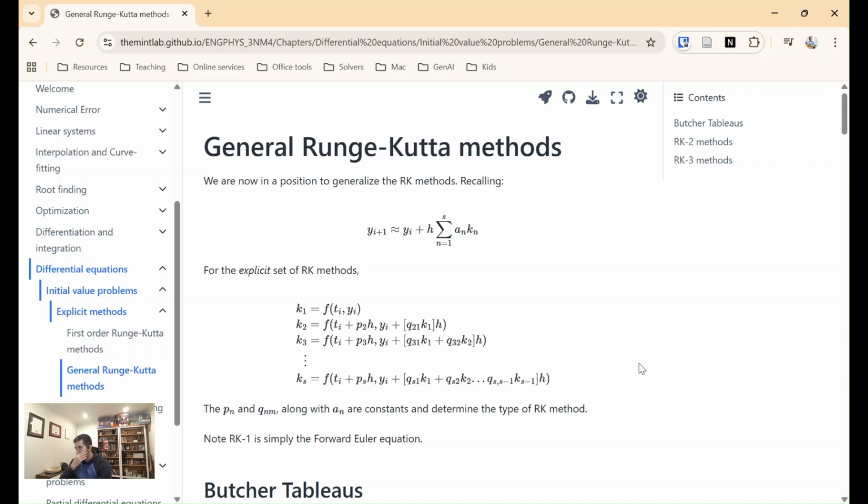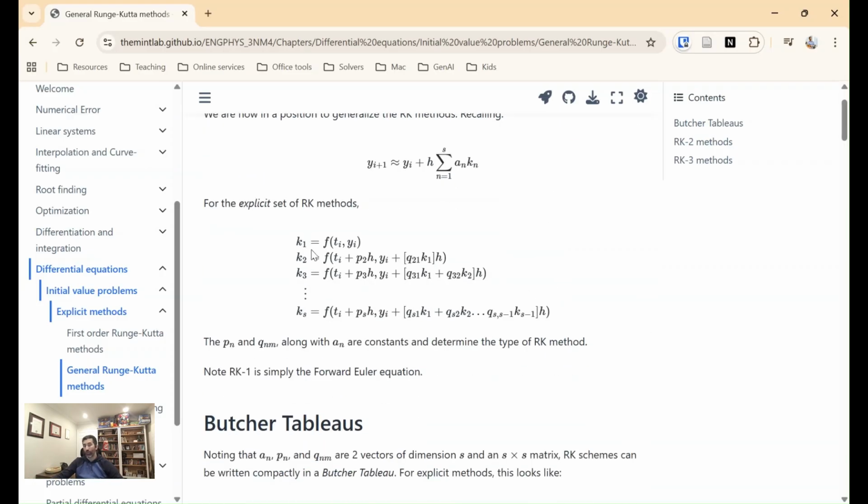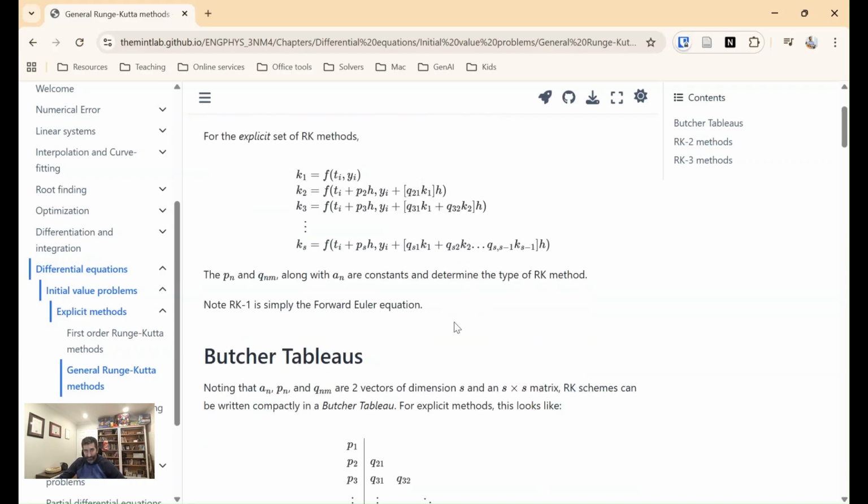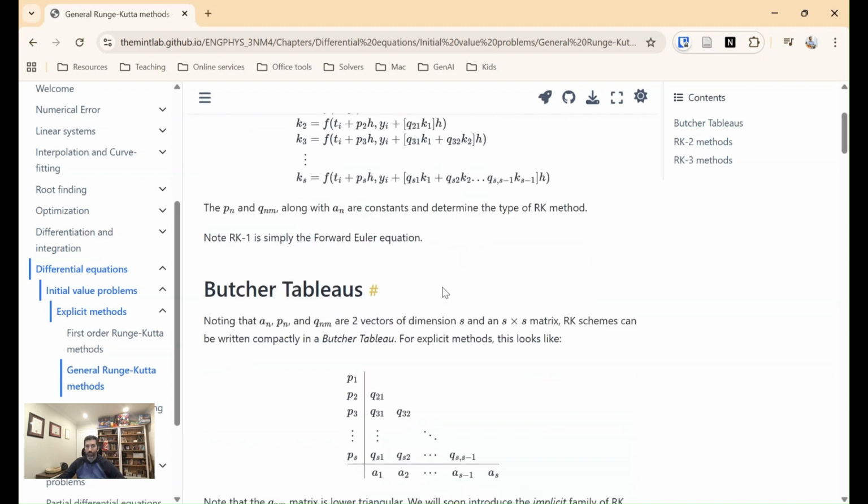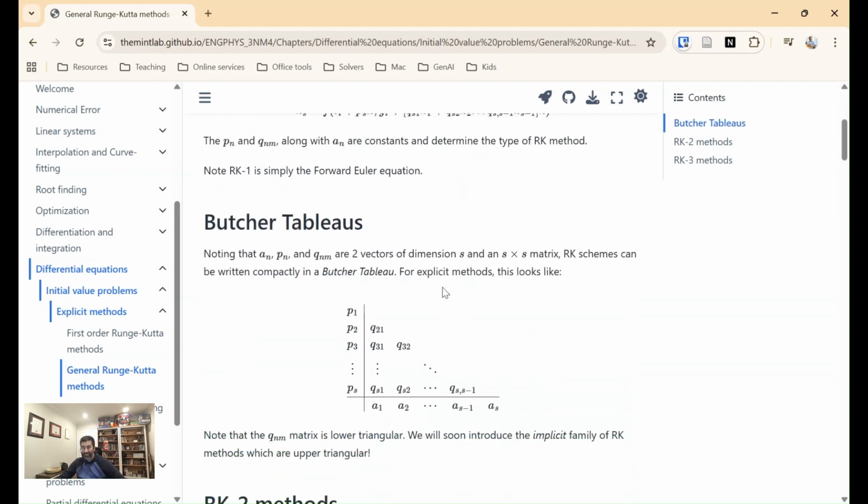Okay, Runge-Kutta methods are going to be determined by their order, and their order corresponds to how many of these lines, these are the stages, that you're going to go down. So for example, RK1, the first one, is just forward Euler, right? There's only so many ways you can start off at the beginning and take a step right to the end. Okay. These are concisely summarized in something called a Butcher tableau.